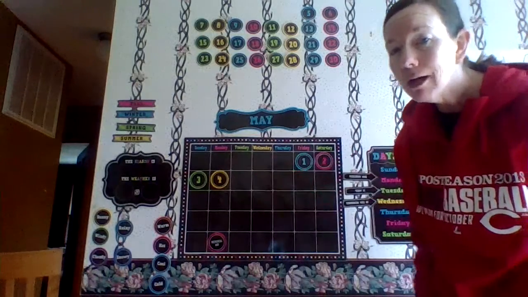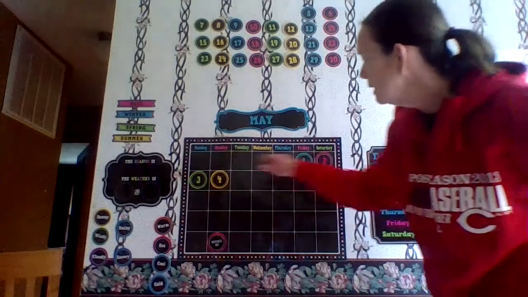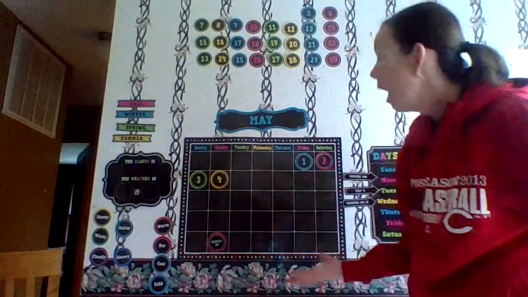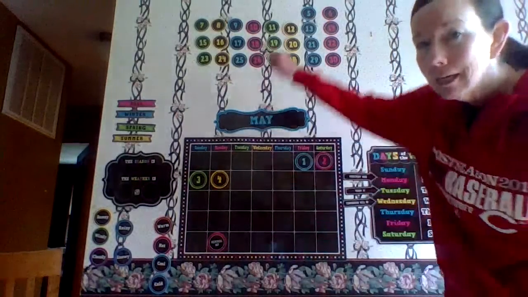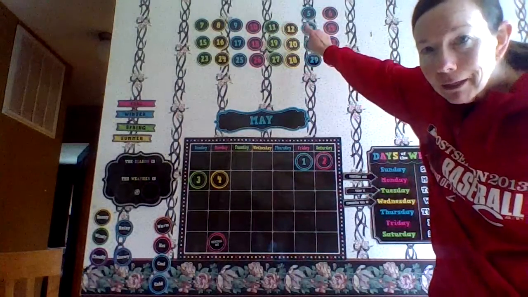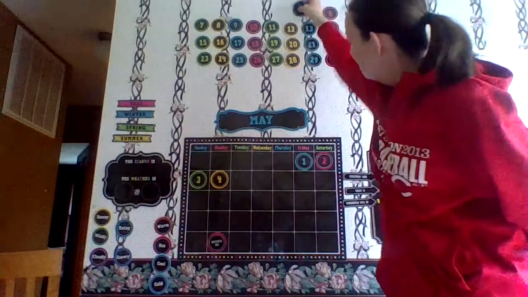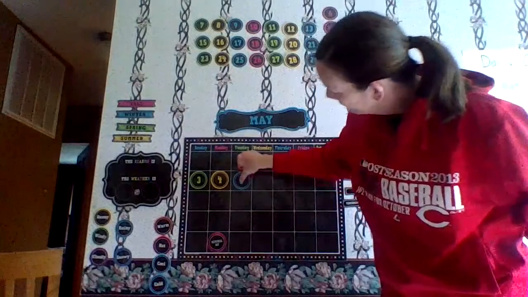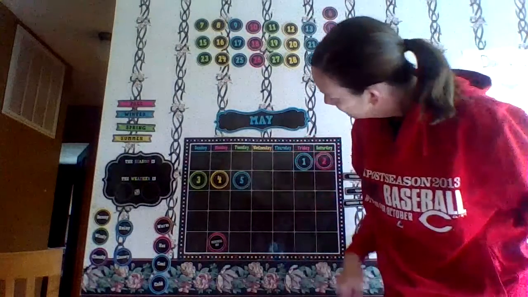It's 5. And what color is it going to be? If we have turquoise, pink, green, yellow, what comes next? You should see it up here. Turquoise. 5. Today is the 5th day of May.